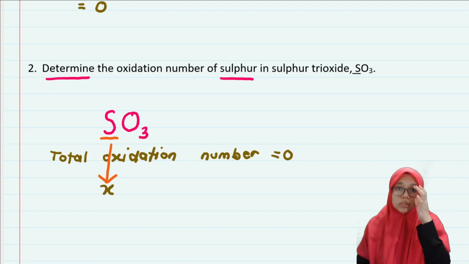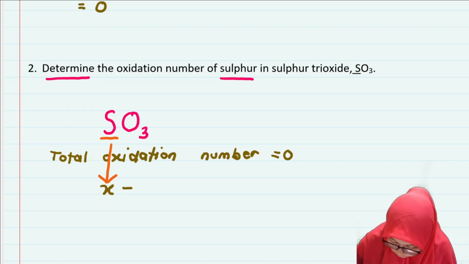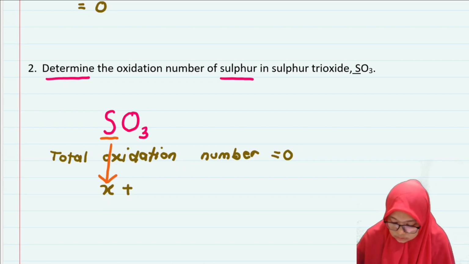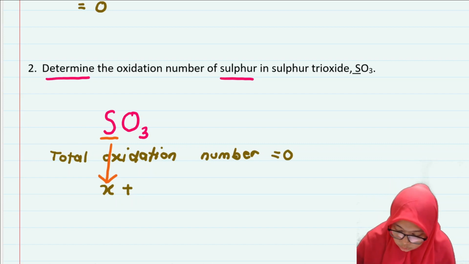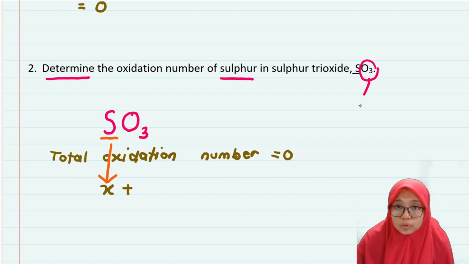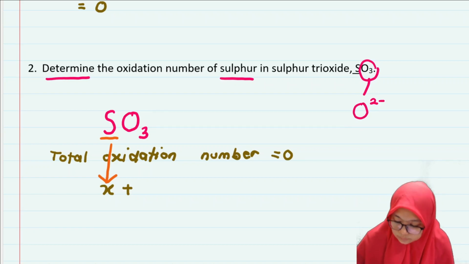We don't know the oxidation number for sulfur. And then we want to add the total oxidation number for oxygen. So oxygen, we already know that oxygen is in group 16. So oxygen has the charge of O2 minus.